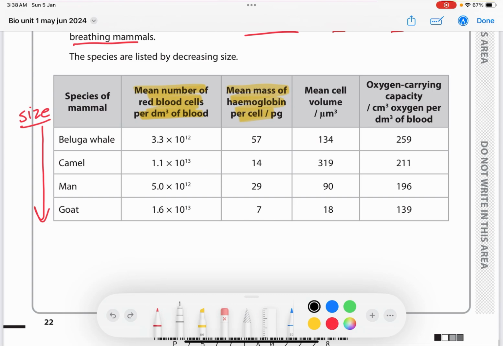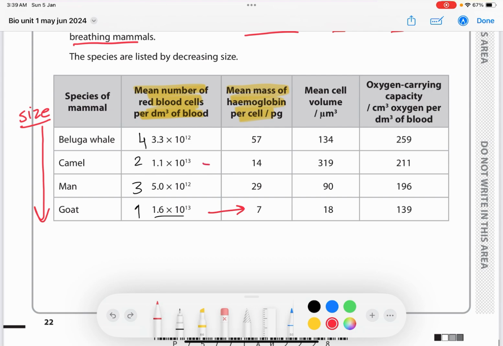So again, we're going to rank them in order: this one here is 1, 2, 3, and 4, going from the greatest to lowest. This is the highest value, and over here we only have 7. I'm not sure what the unit is. I think it's picograms, but I'm really not sure. But yeah, 7 of hemoglobin per cell.